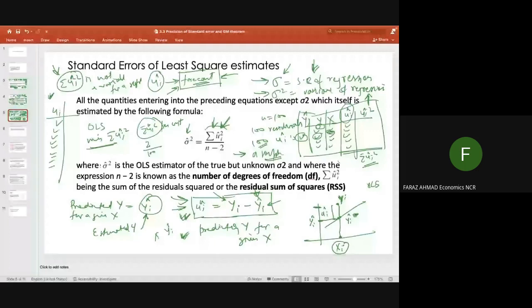It's a constant. It is one number, right? So it represents the entire regression. It can be two, it can be five. This number represents the entire 100 observations.